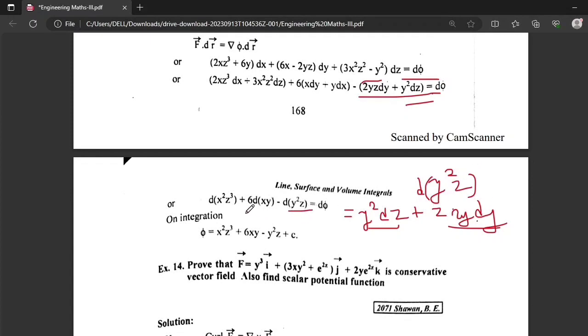So on integrating, the derivative sign cancels, and φ equals x²z³ + 6xy − y²z + c, where c is the constant.